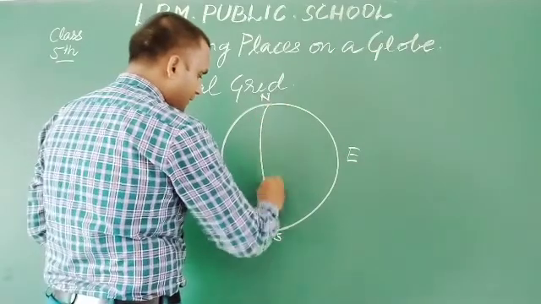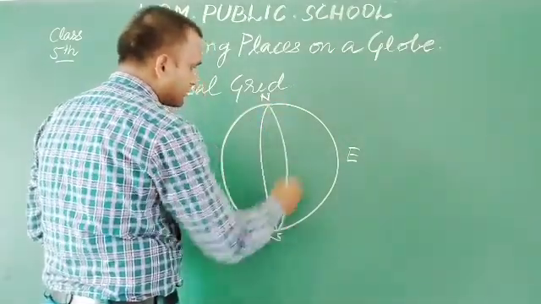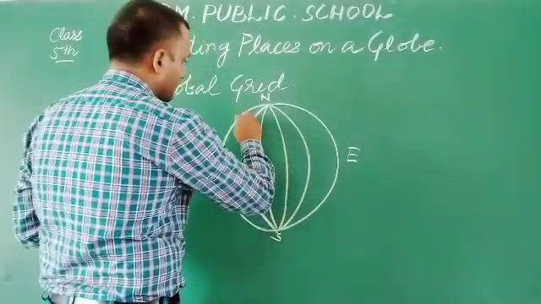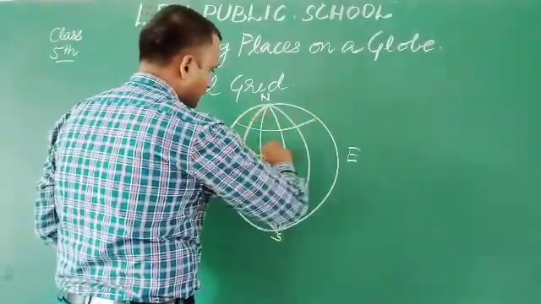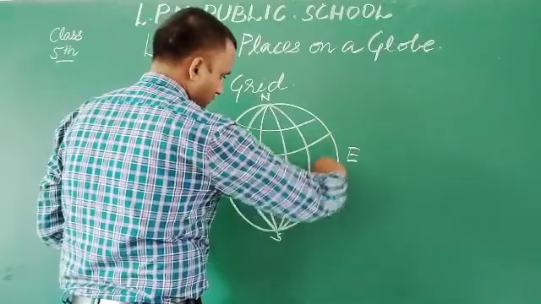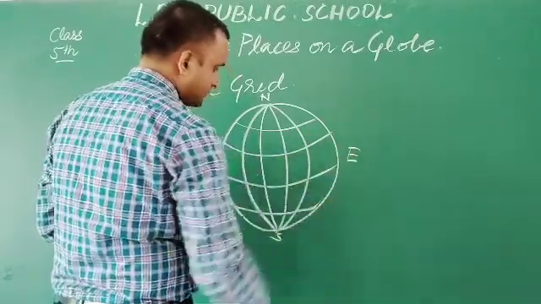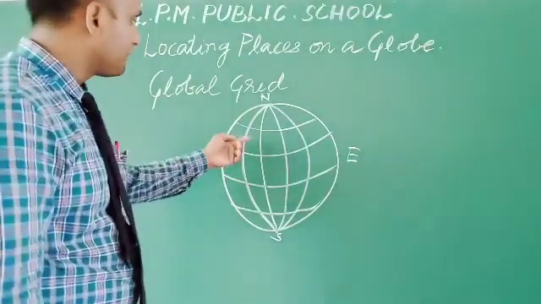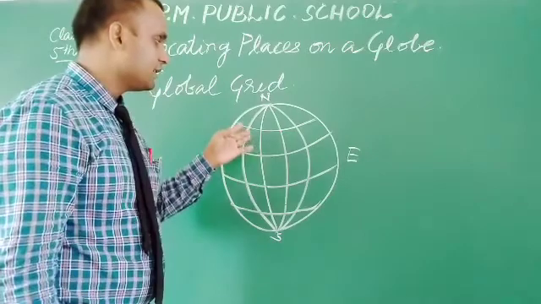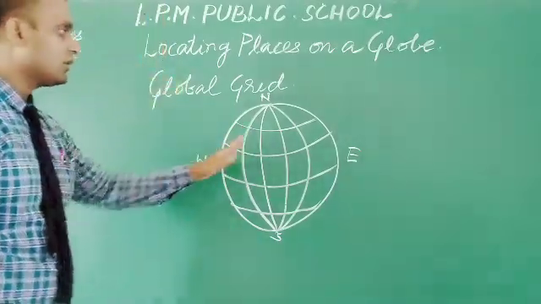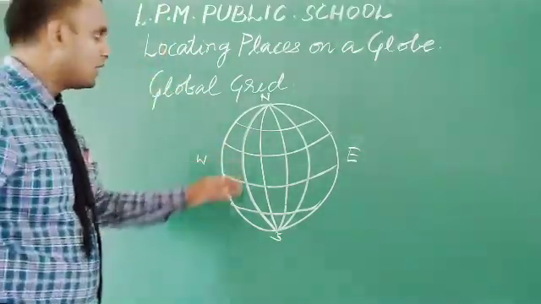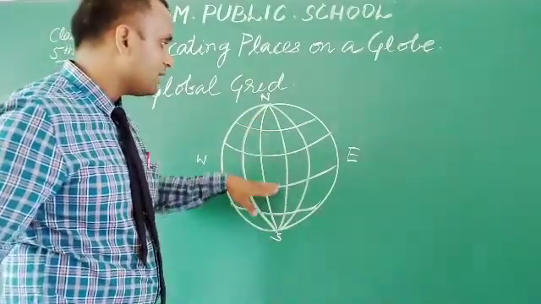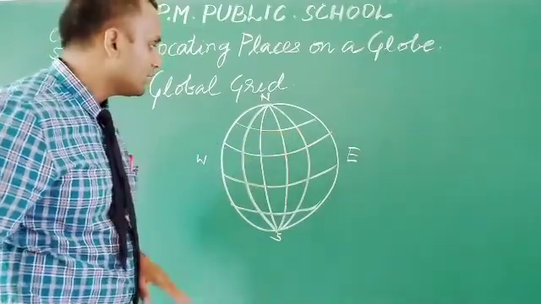So we are going to make some lines of latitude as well as some lines of longitude. This type of grid, or we can say network, is formed after the intersection of lines of longitude and lines of latitude.